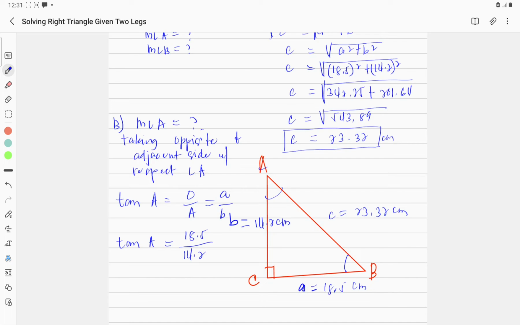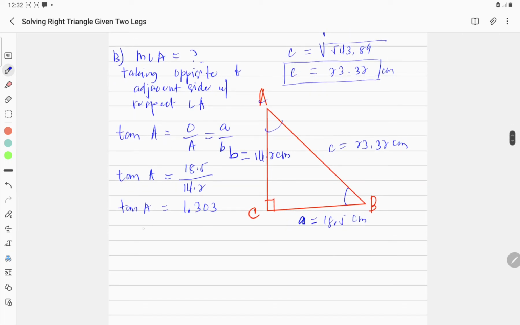You have 18.5 divided by 14.2. That will give you, at 3 decimal places, tangent A is equal to 1.303.